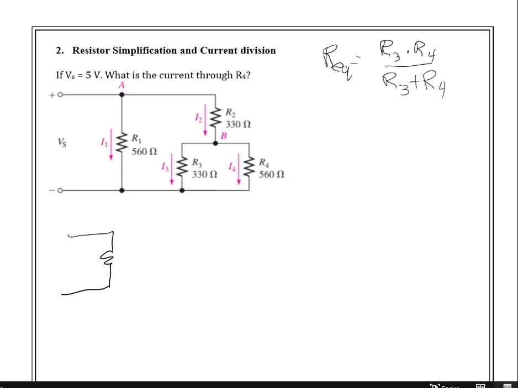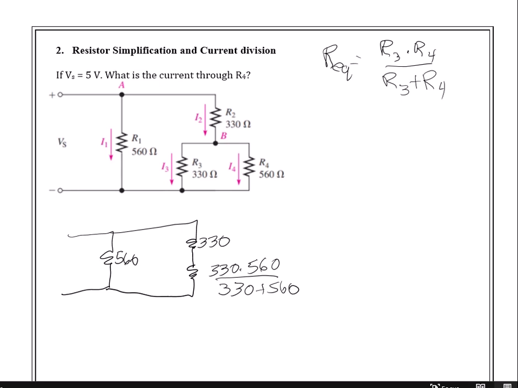Redraw this circuit. Okay, so this is 560. This top one is 330. This bottom one is 330 times 560 over 330 plus 560.